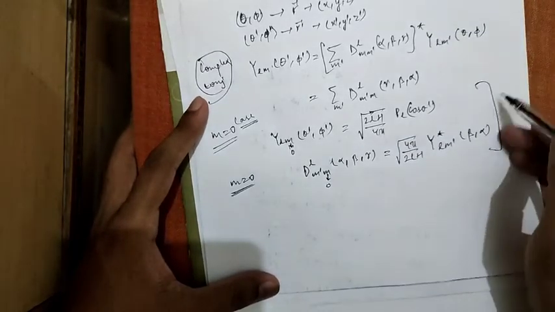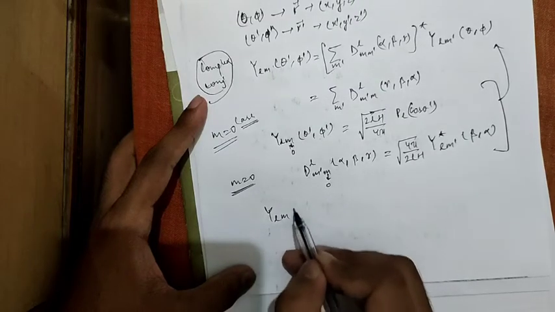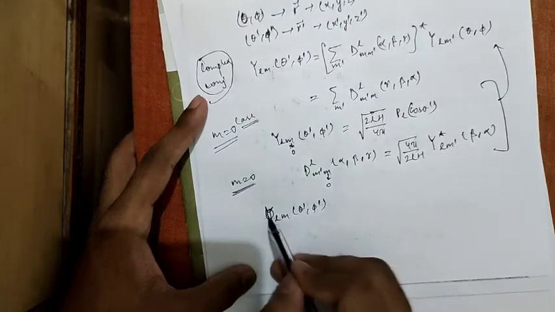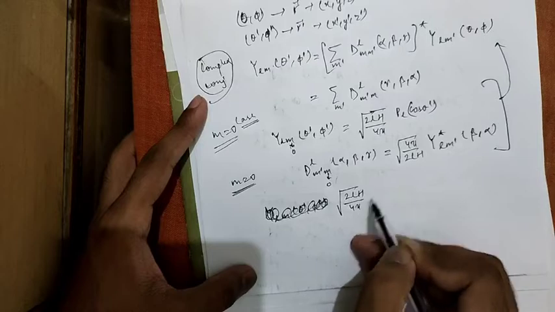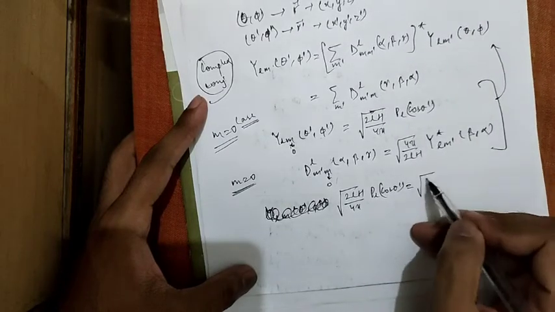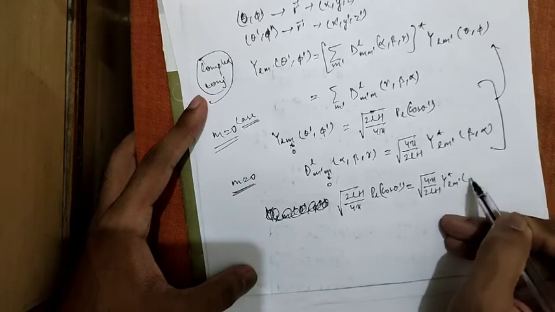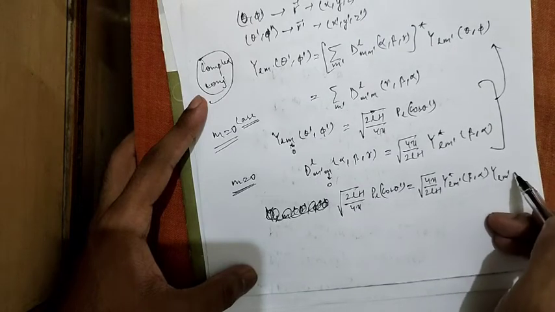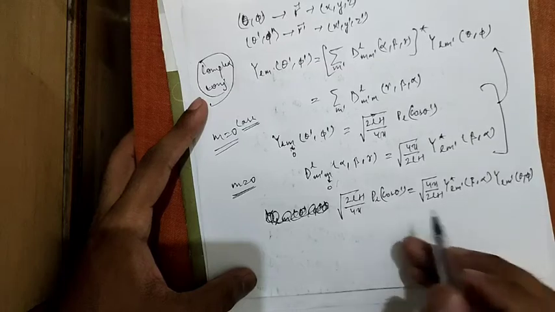Substituting all these in the above equation, we end up with root of (2l plus 1) by 4 pi times P_l(cos theta dash) equals 4 pi by (2l plus 1) Y*_{lm dash}(beta, alpha) Y_{lm dash}(theta, phi).